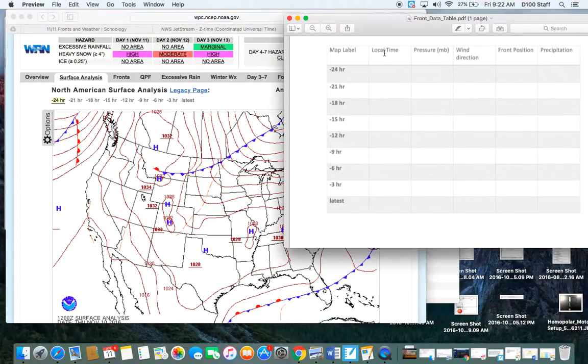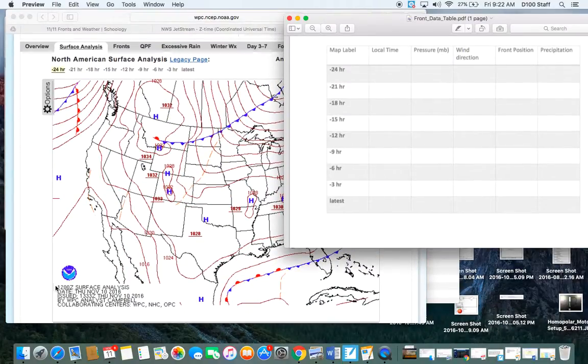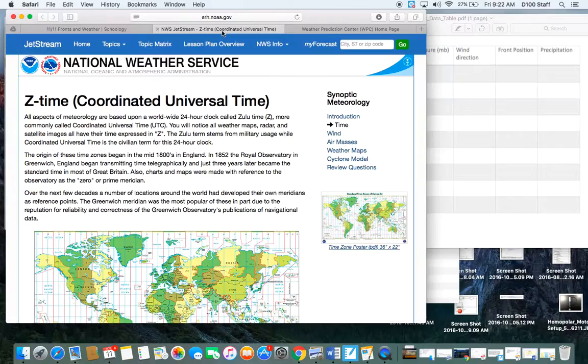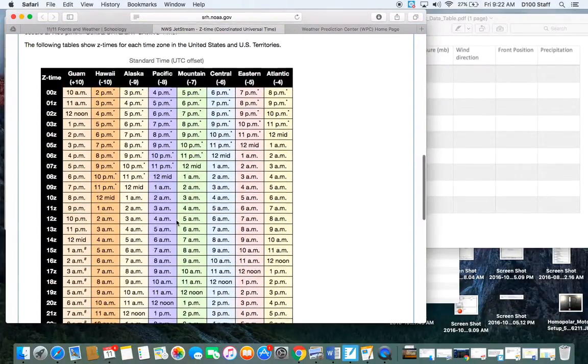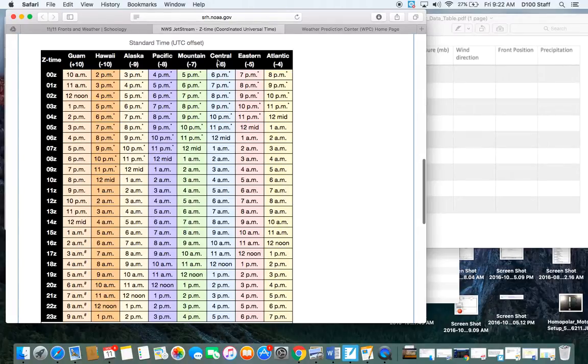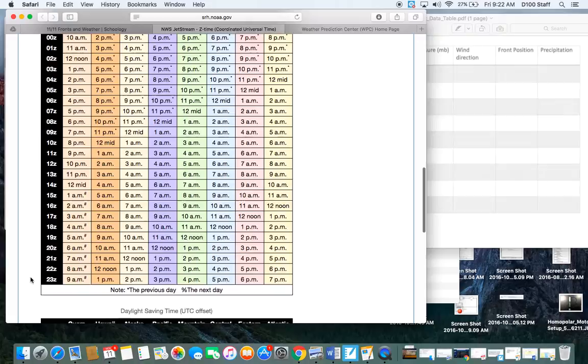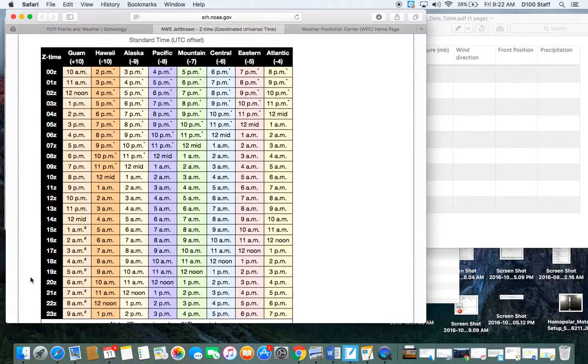Okay, so the first thing for the local time, you'll have to notice the Zulu time that's stamped on the map. And remember, in our Do Now, we talked about that Zulu time was this universal worldwide clock, and that for us, we are in Central Time. We have to count back 6 hours from that 24-hour Zulu clock in order to see what our local time would be when there's a Zulu time stamp.